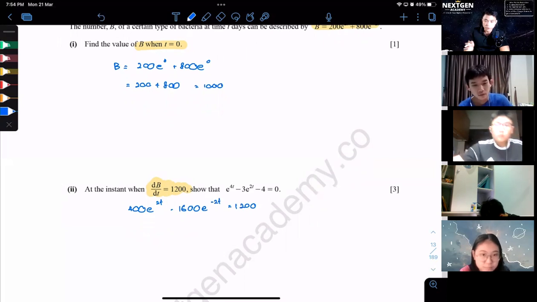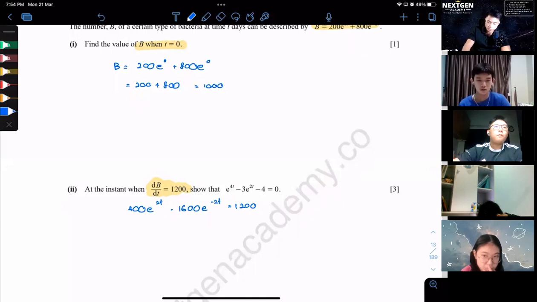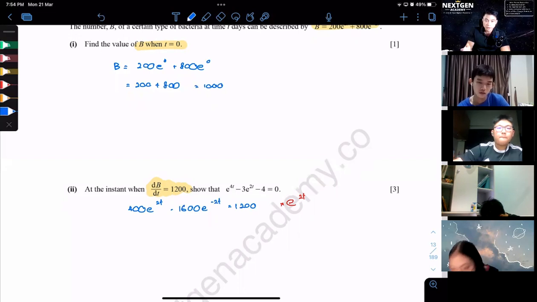So what I need to do to this whole equation? I multiply it by e to the power of 2t. Multiply the entire equation by e to the power of 2t. So we have to go back to our law of indices. e2t times e2t, you will get e power 2t plus 2t.